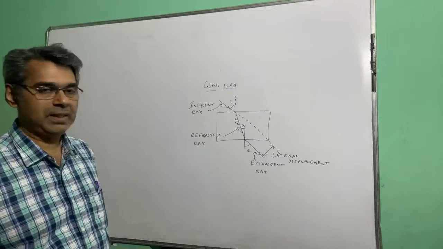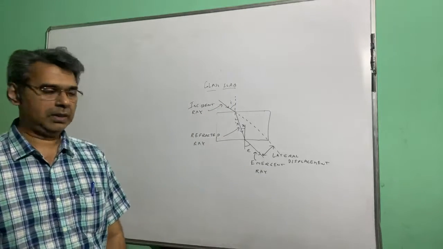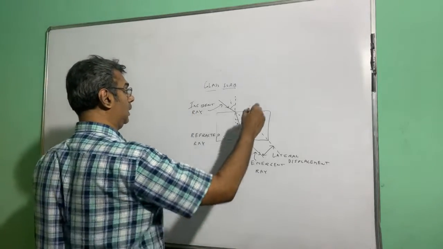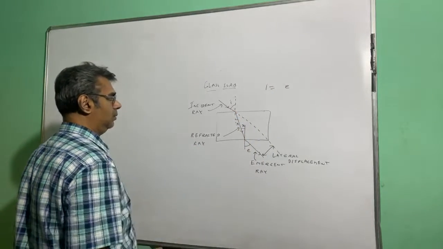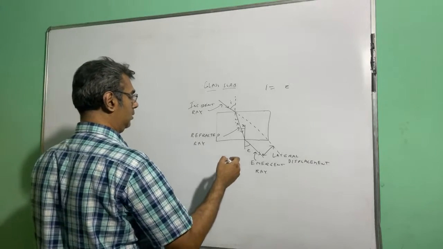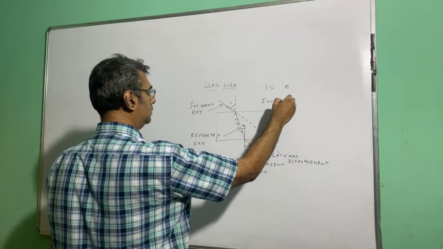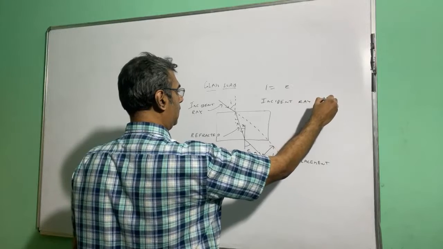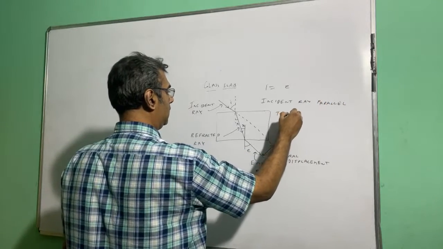But if you see very deeply, you will see that angle of incidence and angle of emergence, I and E, both are actually the same. So that is the reason why the incident ray is parallel to the emergent ray.